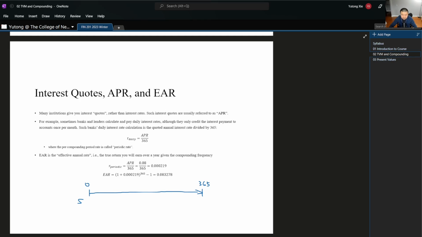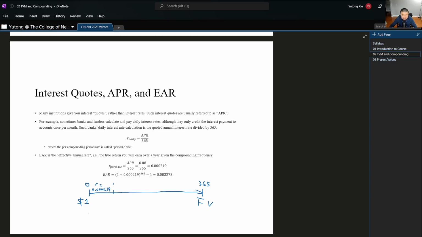Right now you put $1 in there, and for each period the rate is 0.000219. So how do you calculate the future value? Right, that's my first question. How do you calculate the future value?